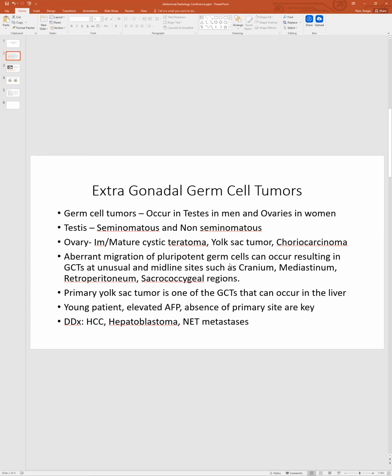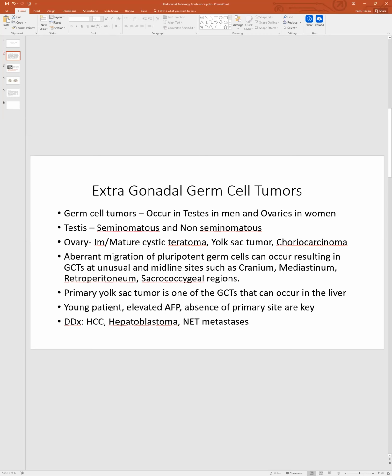But remember, these same pluripotent germ cells can occur anywhere and result in tumors. So we see these commonly in midline sites, like in the intracranial germ cell tumors. In the mediastinum, we're used to seeing teratomas, retroperitoneal teratomas, sacrococcygeal teratomas. So like that, yolk sac tumor is one tumor in the spectrum of gonadal or germ cell tumors.